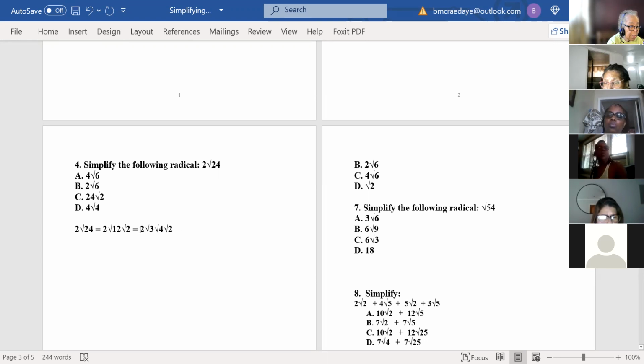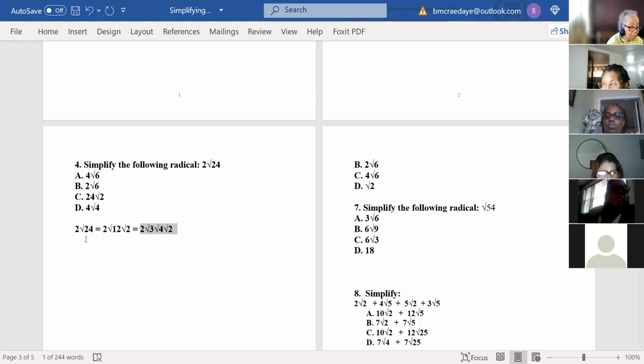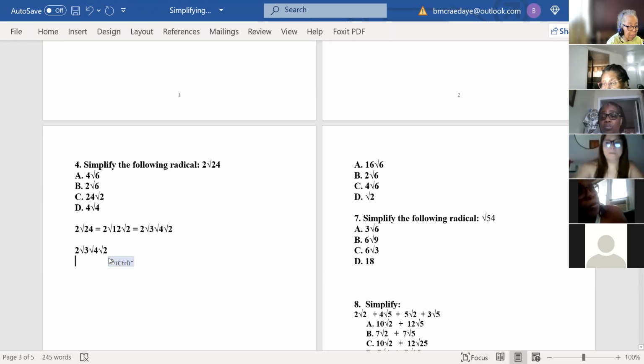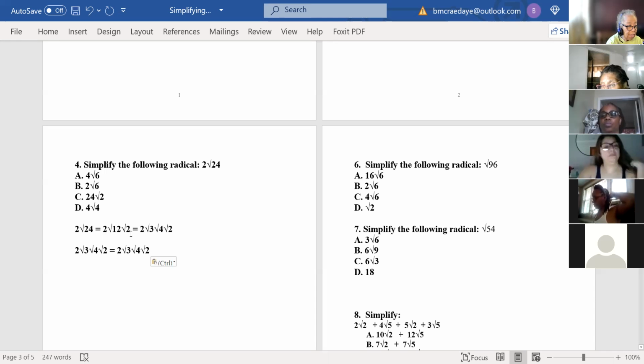So I'll take this, copy it here. All right, now I'll put what Alva just told me, equal, copy that. And she told me the square root of 4 was 2. So let's just put the 2 here.